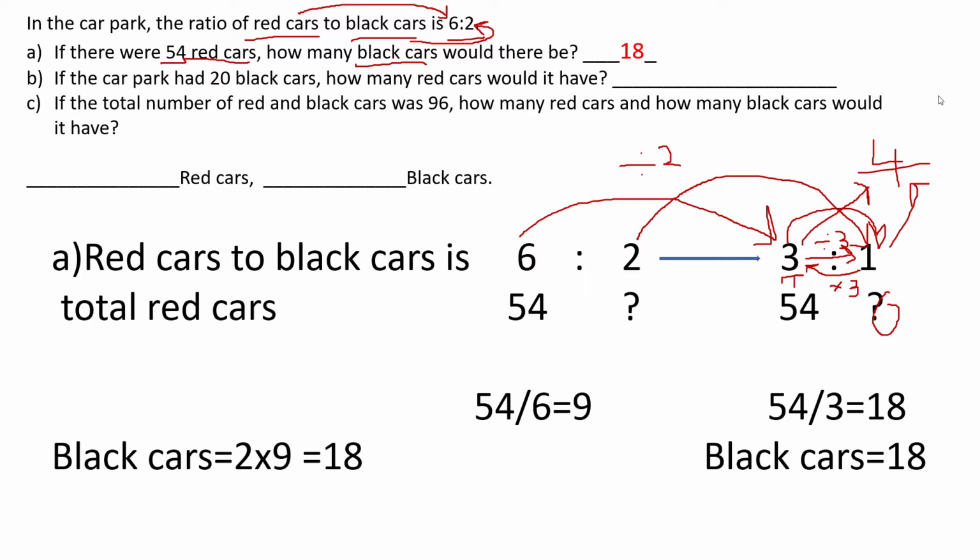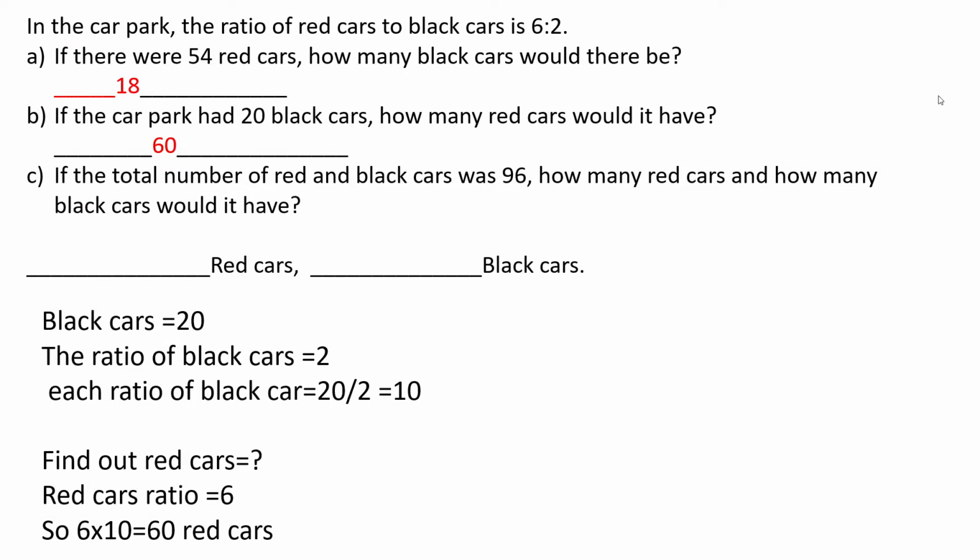We can't easily do it, so the best way to do it is 54 divided by 3, which will bring us to 1, or 18, as stated here. So the answer must be 18. So the black cars are 18. So that's how many black cars there are. So that's A. Let's go on to our next question.